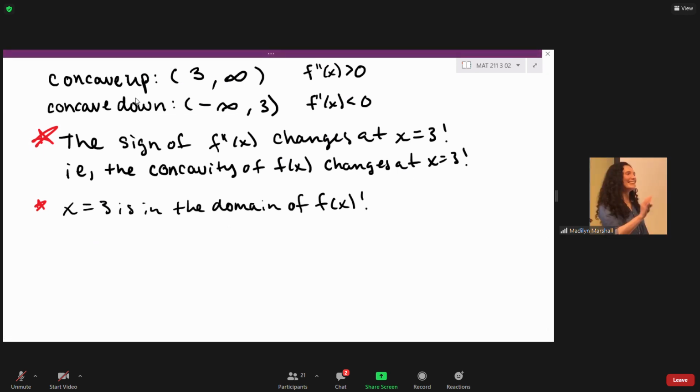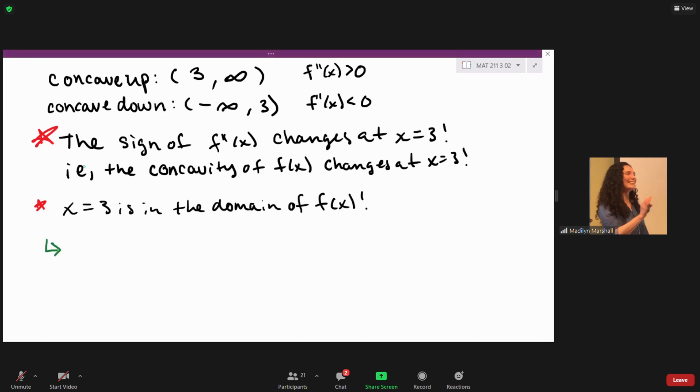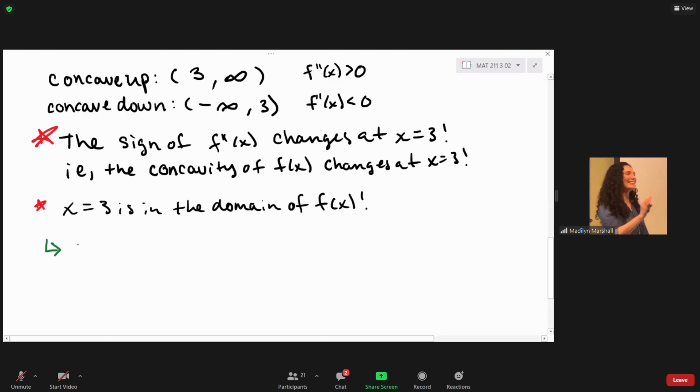So we have these two conditions where the sign of f double prime changes and that x equals 3 is in the domain. So there is an inflection point at x equals 3.